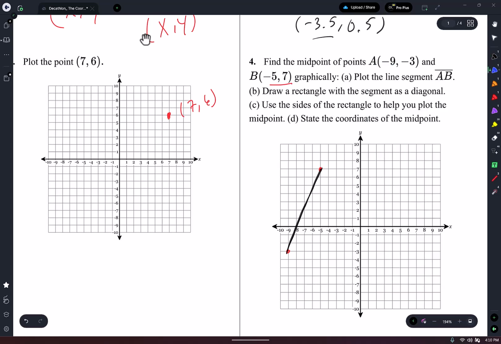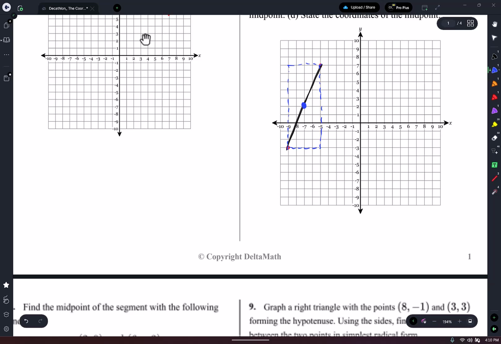Here's my box. And it looks like the middle's right there. So does it look like (-7, 2) to you?